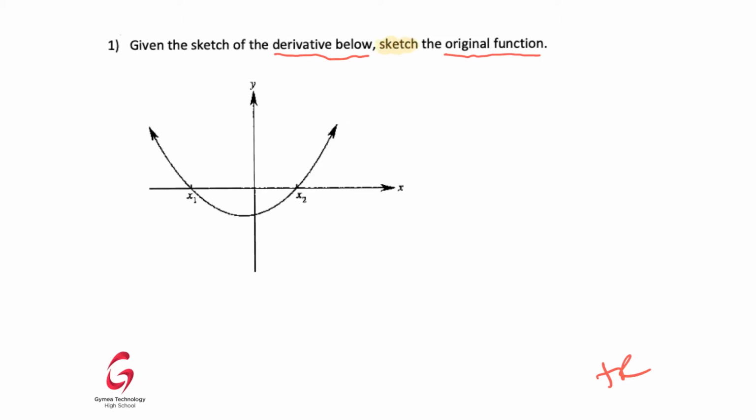All right, so we're going to produce this graph, and what we're going to do for this is the opposite to what we've been used to, where we've been given original functions and sketching the derivative. We're going to be going in the opposite direction. So the first couple of points to consider are these two values here, because in the derivative function, where it cuts the x-axis means that there were turning points in the original function at that point in time.